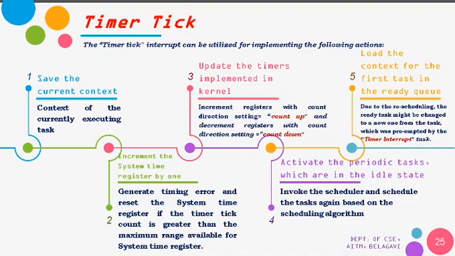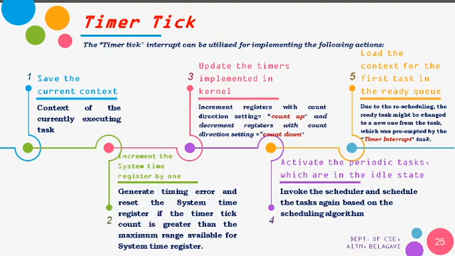The next action is to update the timers implemented in the kernel: increment registers with count direction set to count up, and decrement registers with count direction set to count down, and activate the periodic tasks which are in idle state.